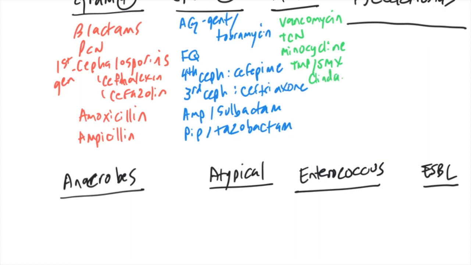Clindamycin is another good choice, although it is 4 times a day. And we have linezolid, which is a very expensive alternative to the others. One other antibiotic I forgot to mention is doxycycline. Now, what I'll say here that's very important is that Bactrim and doxycycline do not cover group A strep.